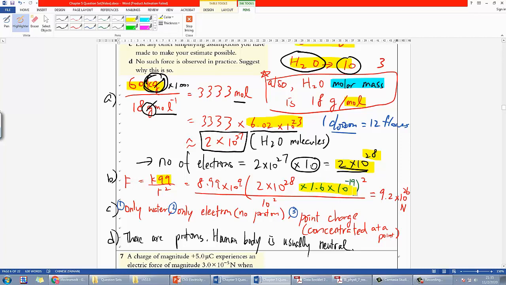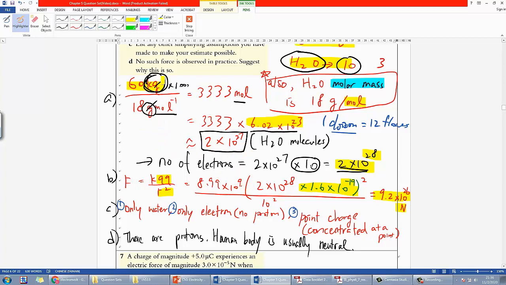So you have to multiply that with the elementary charge, which you can find from the data booklet. After you multiply everything, with R given in the question, you should be able to find the force, which is extremely large, roughly 10 to the power of 27, which is impossible. There's no way that, if this were the case, everyone would not just repel each other. There's no way you could live on Earth at all.